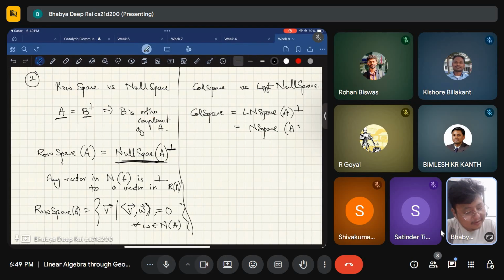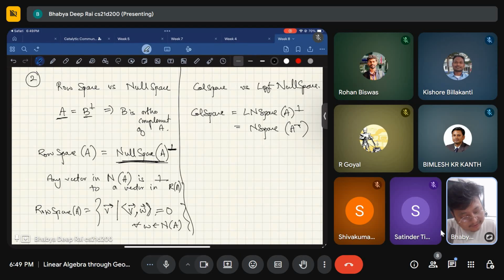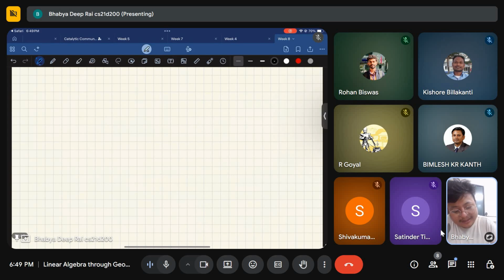Which means that the column space consists of all those vectors which are orthogonal to every vector in the left null space. So there is this diagram that was drawn in the lectures, you know that.